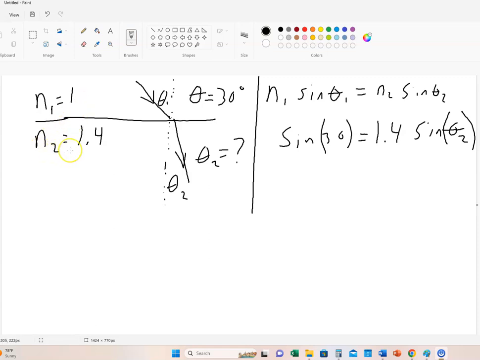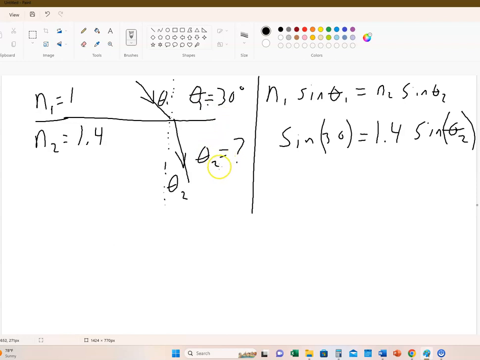And it's going into, maybe glass of some type, plexiglass or something like that. Anyhow, the numbers are all that's important. So N2 is 1.4. Let's say that this angle right here, the incident angle, is theta 1. So theta 1 is 30 degrees.